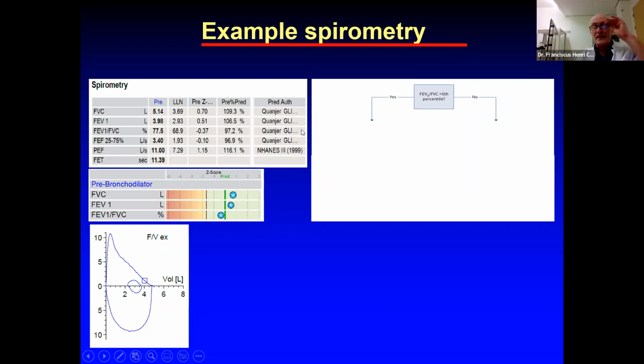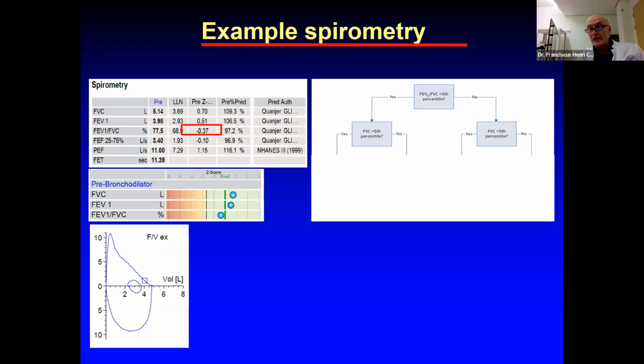And then what you can see at the left, okay, we first have to see what is the FEV1 over the FVC. Well, as you can see in this nice animation, which Nadia made for me, in this case the Z-score is in the range between minus 1.6 and plus 1.6, so it's in the normal range. So is the FEV1 above or below the fifth percentile?